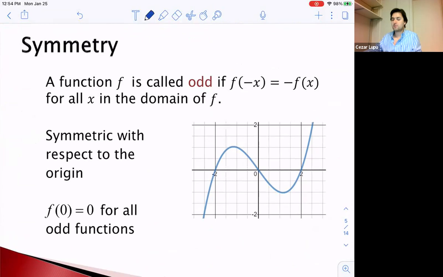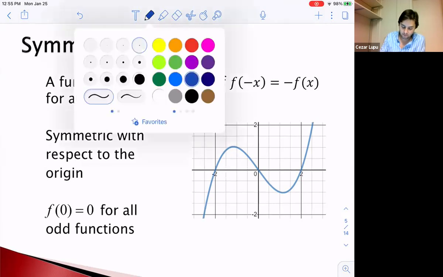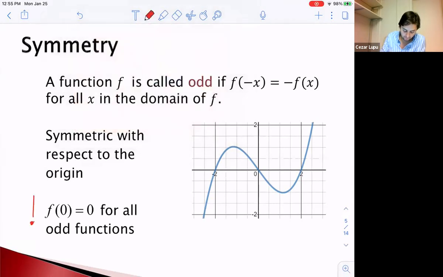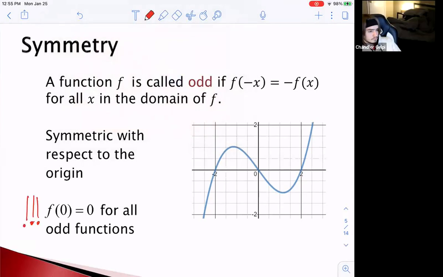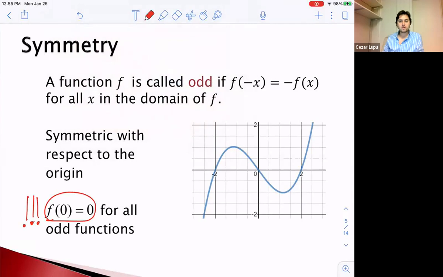With this taken into consideration, we can say that the function is symmetric with respect to the origin. This will be very important for you to know: f of 0 will always be 0 for all odd functions. That's always going to happen.